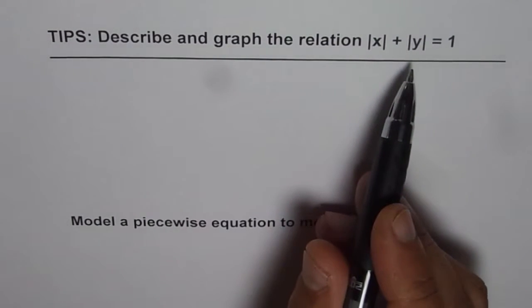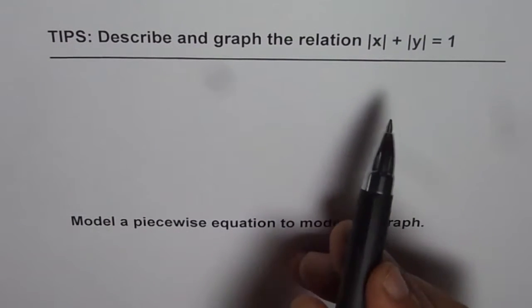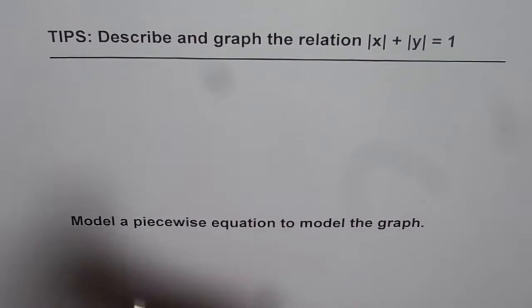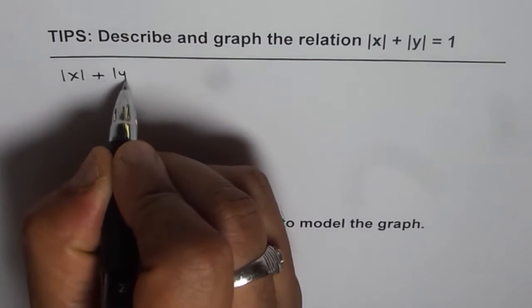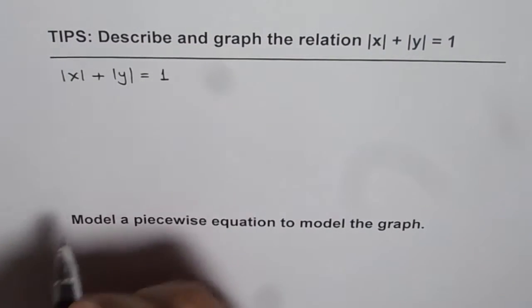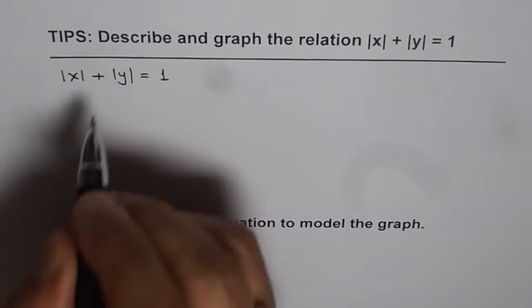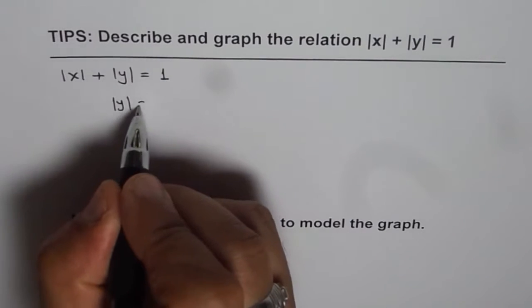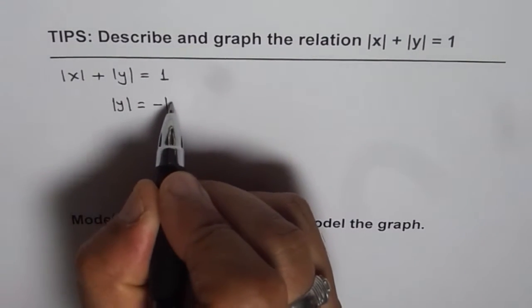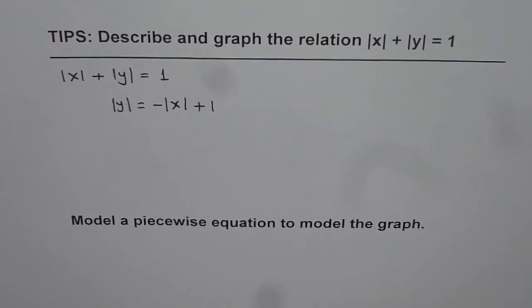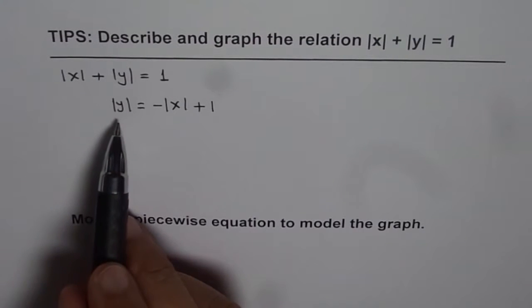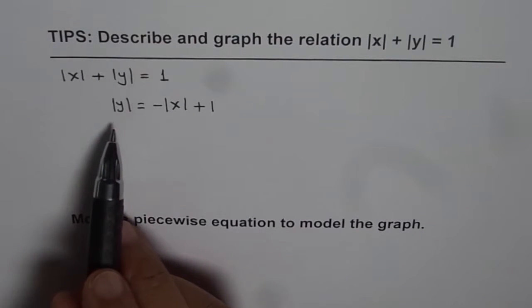Absolute x plus absolute y equals 1. Let us try to isolate y from this equation. So we have absolute x plus absolute y equals 1. So you can isolate y, so you get absolute y equals minus absolute x plus 1. Now absolute value means positive value always, correct?